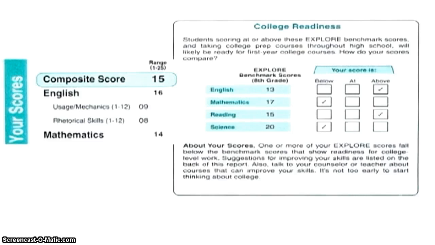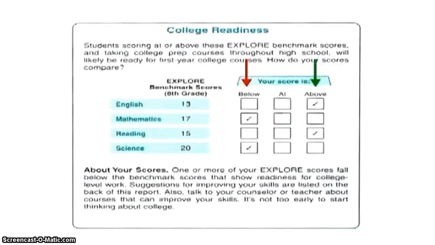As you can see in the example, the student's score of 16 in English is higher than the benchmark score of 13. This means in the area of English, the student shows readiness for college experience. In this example, the student has shown to be a little bit behind, though, both in math and science. These would be areas the student wants to work extra hard on in the near future.